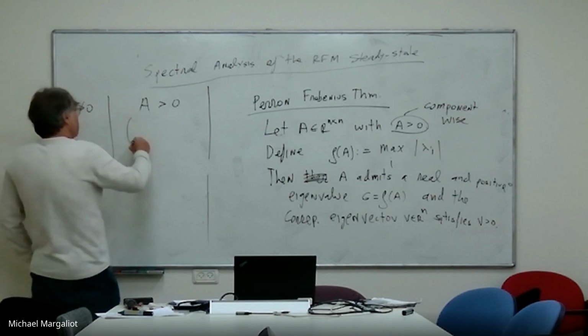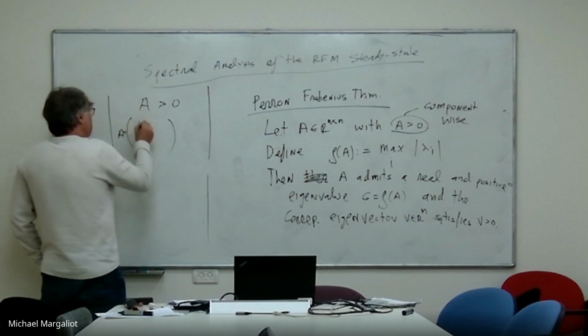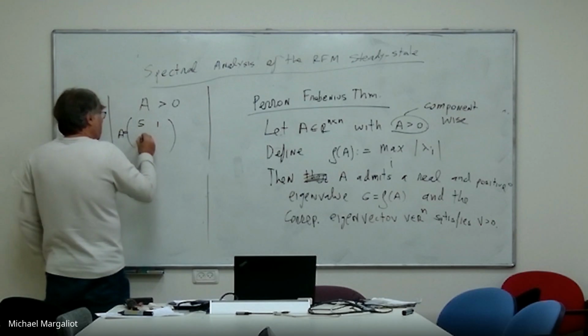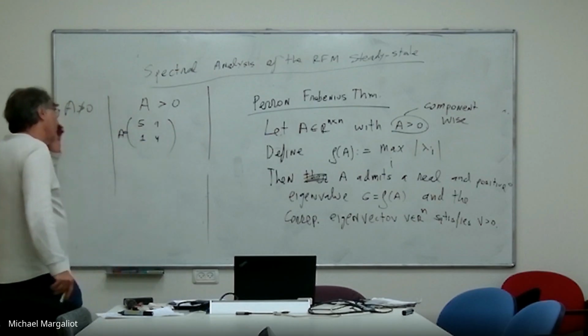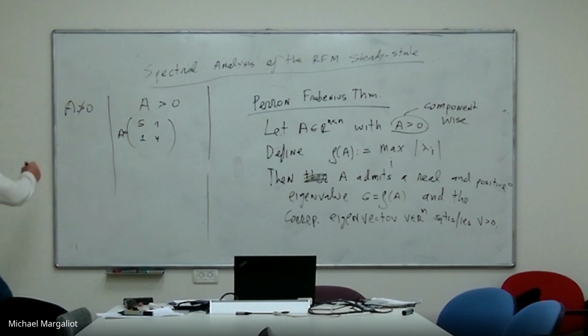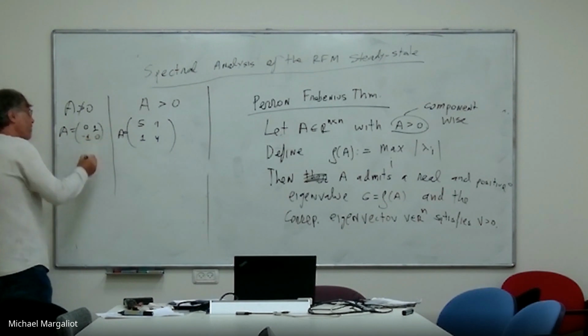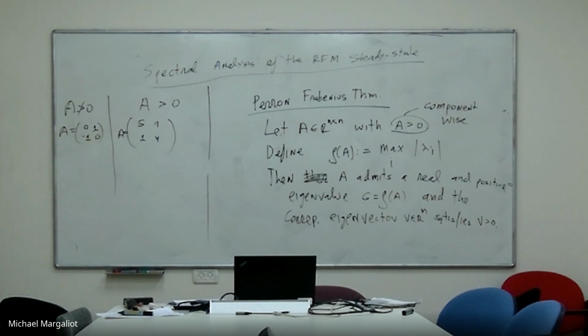So here we can take, I don't know, 5, 1, 1, 4. And here let's take 0, 1, minus 1, 0. Let's start with this example first.